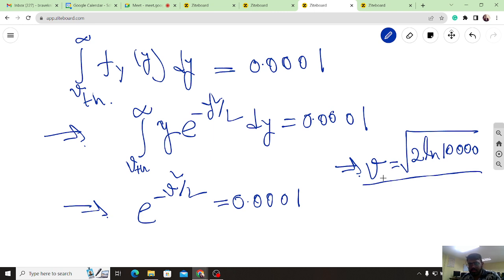So the threshold will be this. This is also VTH.